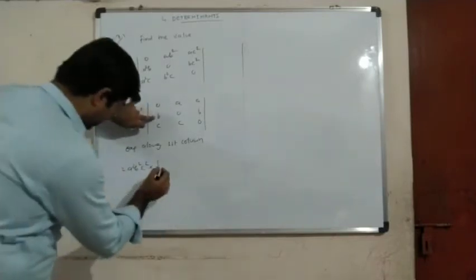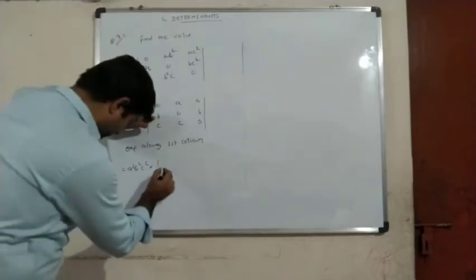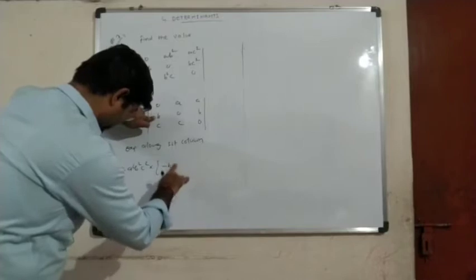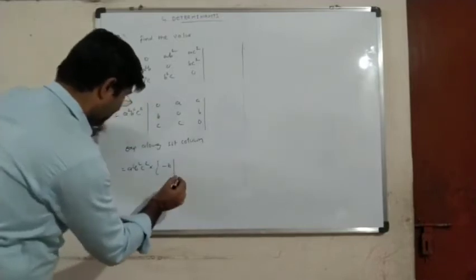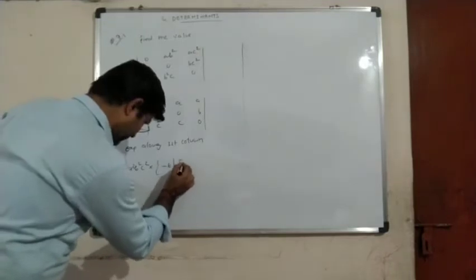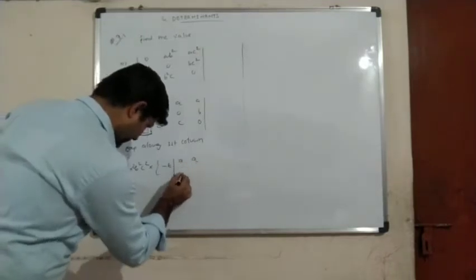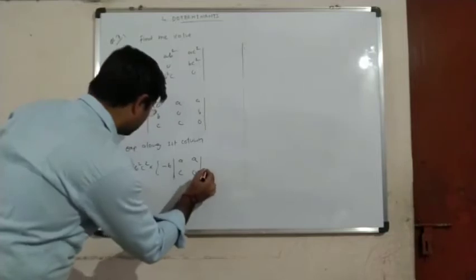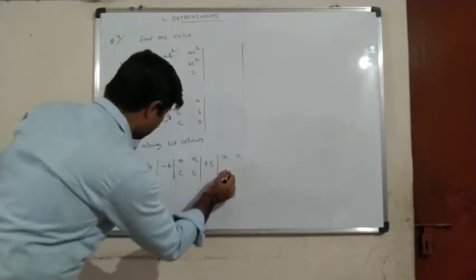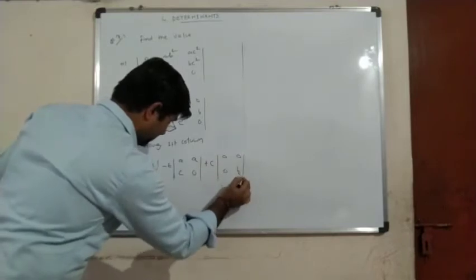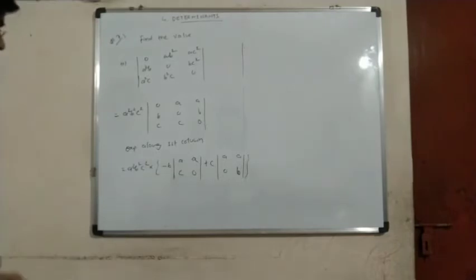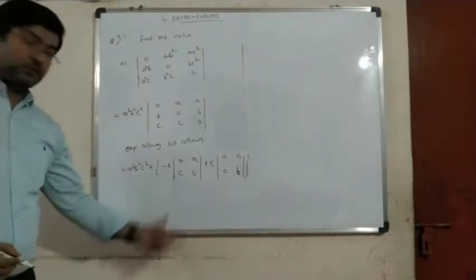The second column element is b, so the sign convention gives minus b into the determinant a, c; a, 0. Again plus c into the determinant a, 0; a, b. Now let us solve these two determinants.